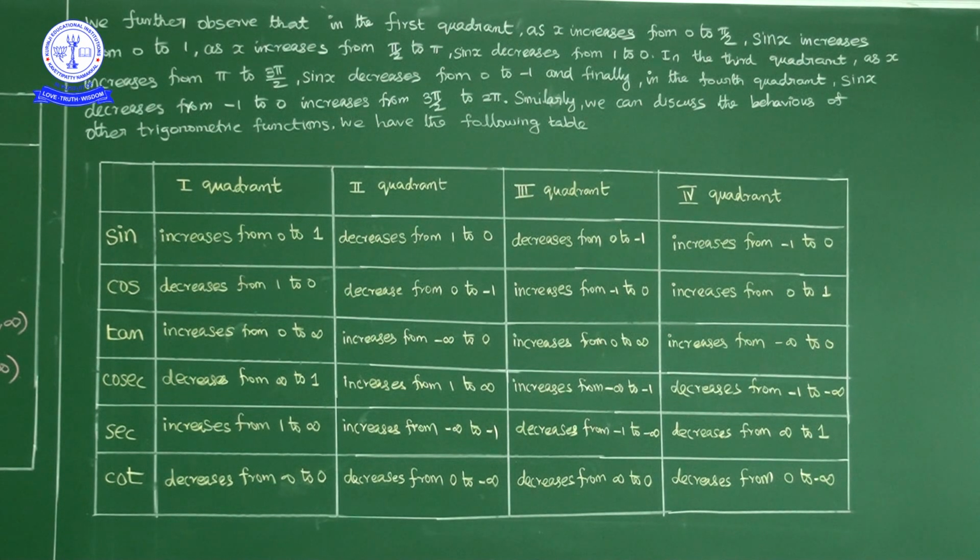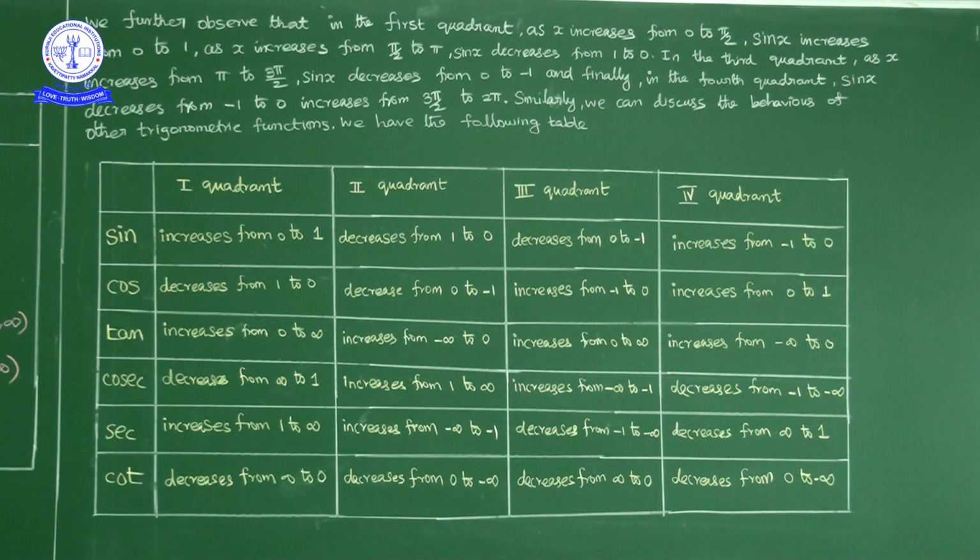Okay. Cos x is changing as x increases from 0 to pi by 2, cos x decreases from 1 to 0. Okay. Now as x increases from pi by 2 to pi, cos x further decreases from 0 to minus 1. Okay. After that it starts increasing. Okay.